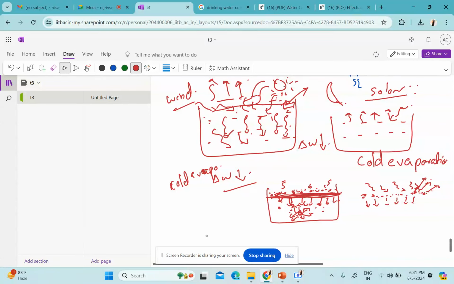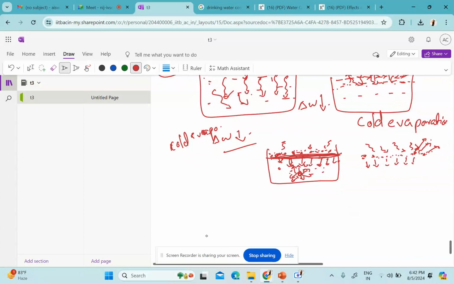And in this case, the solar energy, that means heat energy, also here the kinetic motion of the water molecules can also be provided from wind. So in cold evaporation, they are not getting thermal energy, but they are getting kinetic energy from the wind or small motion of the air above. Air molecules are always in motion. So these air molecules above the water help molecules to escape from the water body and transfer into the vapor state. That is the cold evaporation.